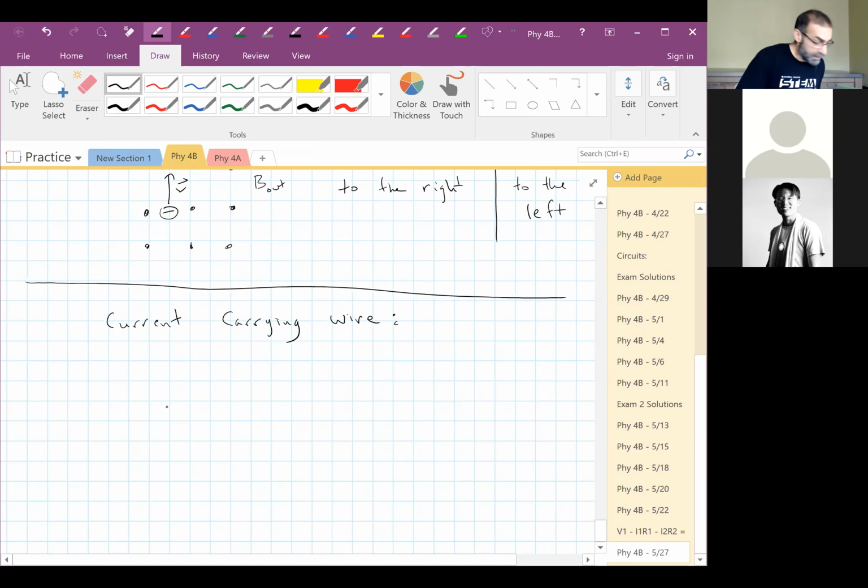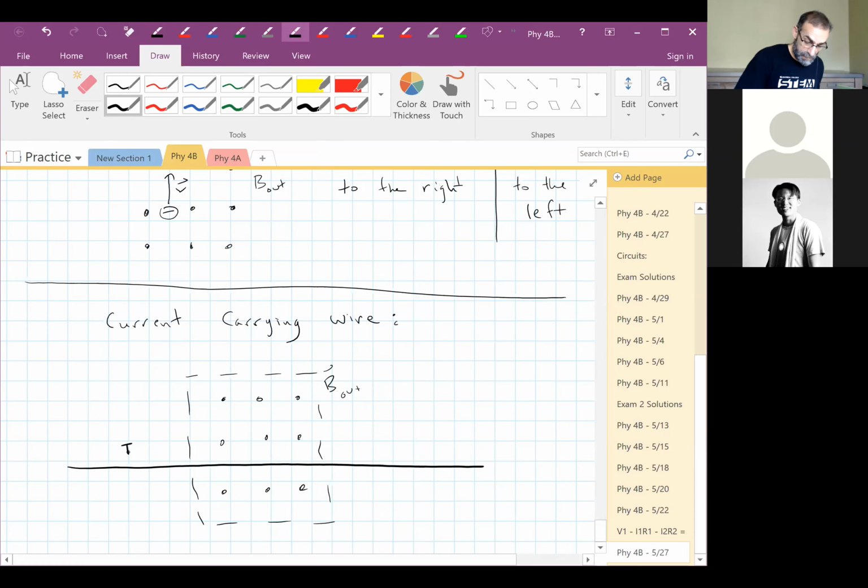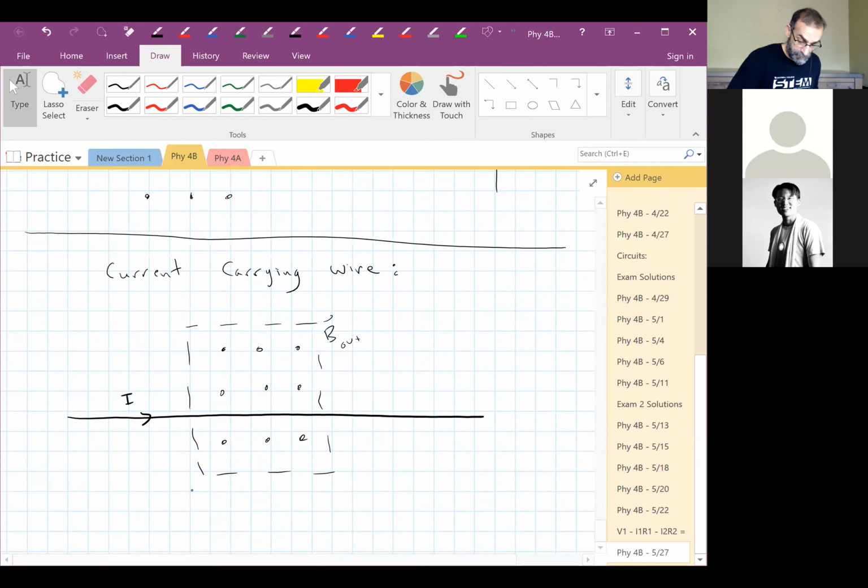So we have a current carrying wire, and some region filled with a magnetic field. What direction is the force on my current carrying wire?